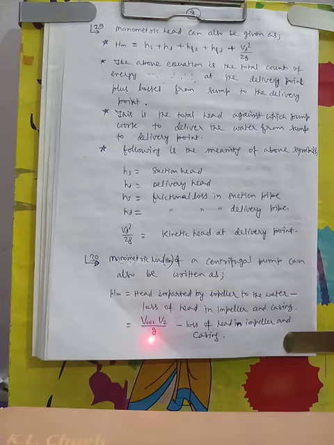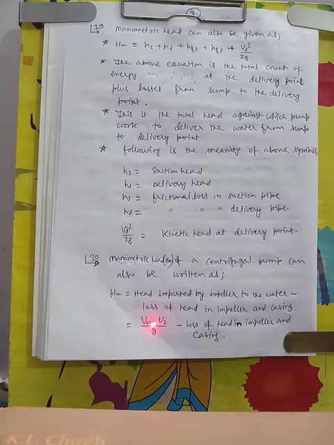And right now you just know that head imparted by impeller to the water will be VW2 U2 divided by G, minus loss of head in impeller and casing. And what is VW2 U2 by G?